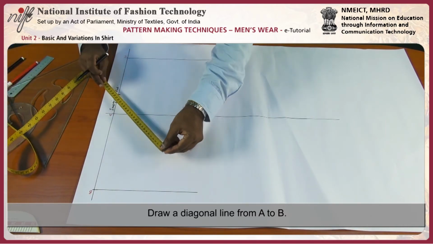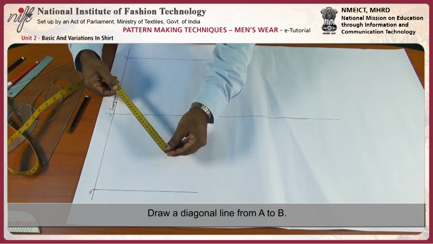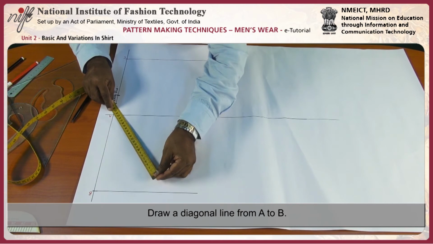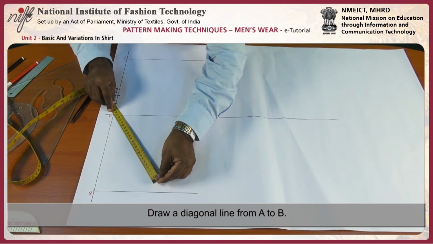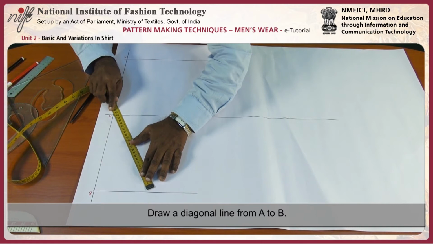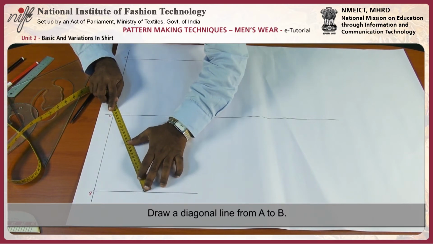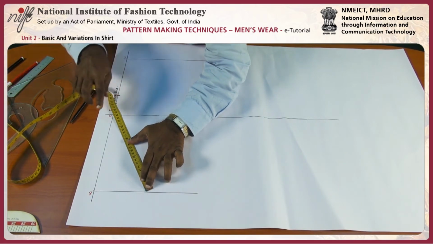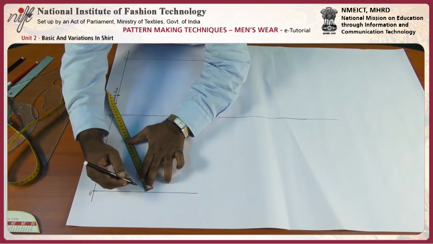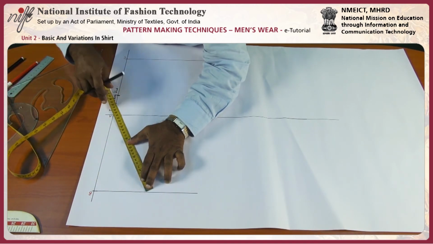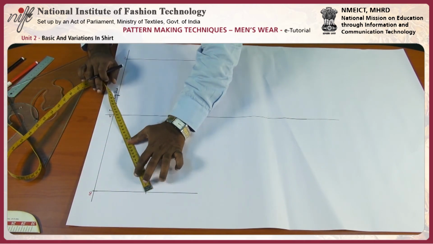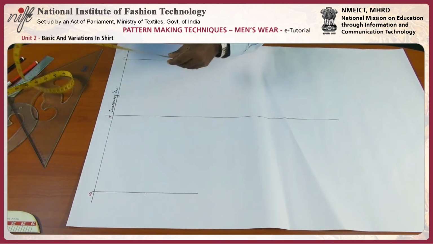You need to take half armhole measurement, which is 24.5, place it on point A and move the measuring tape and mark the intersect point on the line B. See, it is intersecting here. Repeat this for other side too.